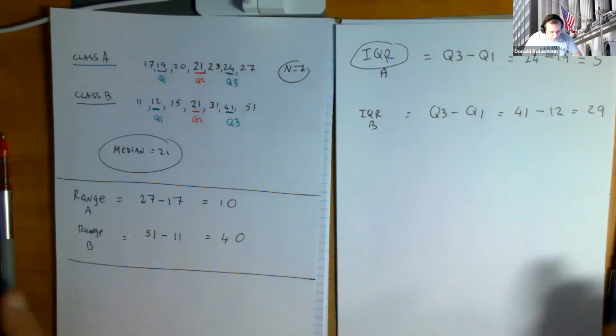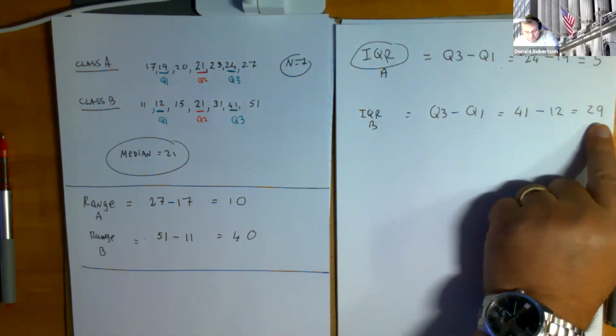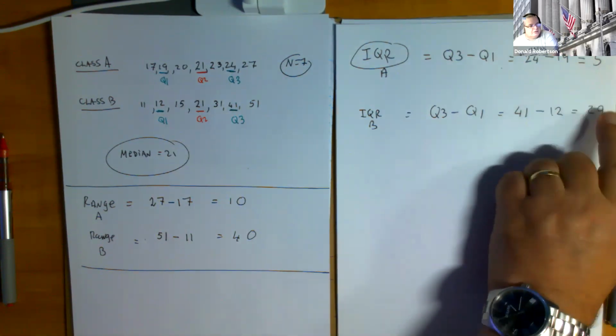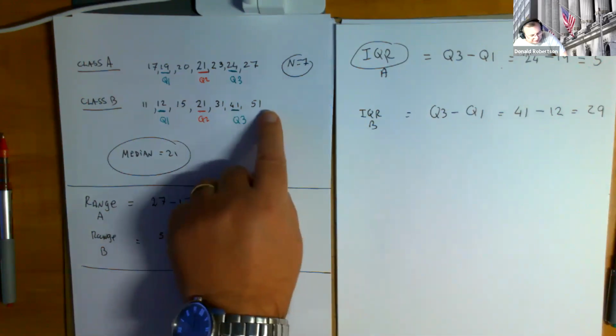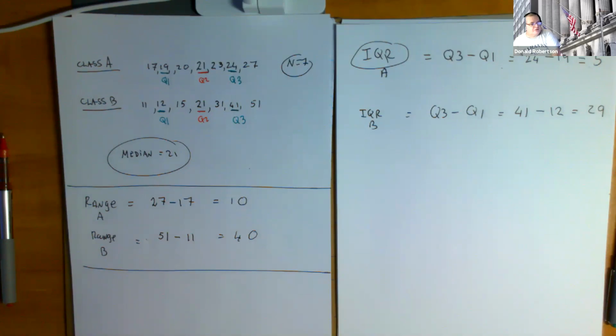Isn't that reflecting what the data was showing? Isn't this number much bigger than that number? That is a reflection that this data set is much more spread out than that data set. We like the concept? Right.